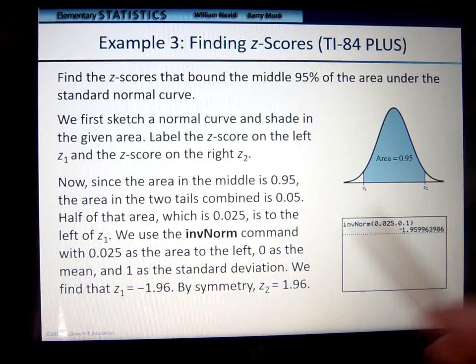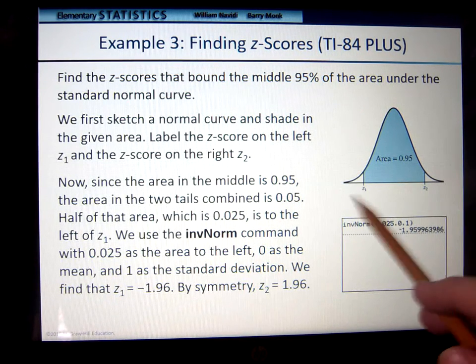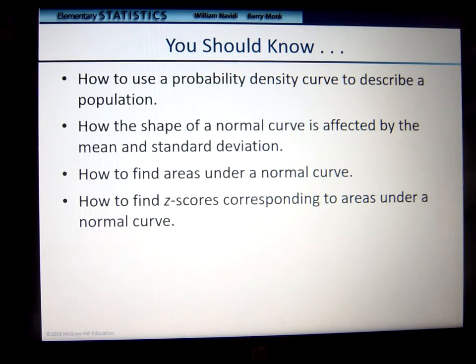Or we can do what we said before, which is replace this value here with 0.975. And then that will also give you the 1.96.